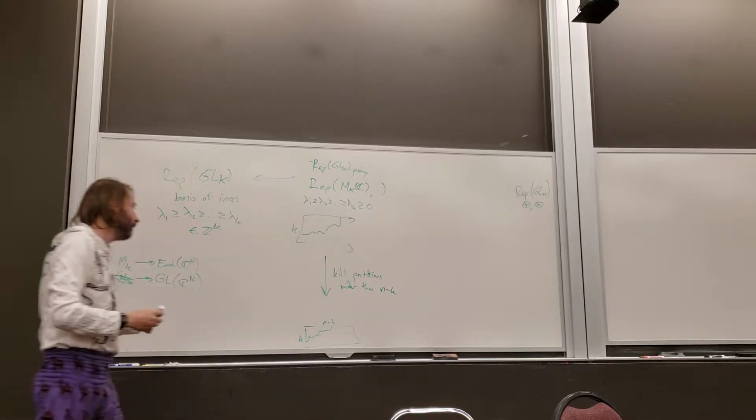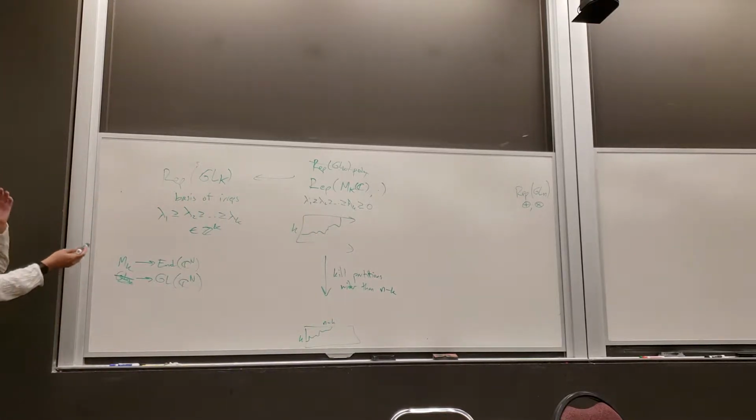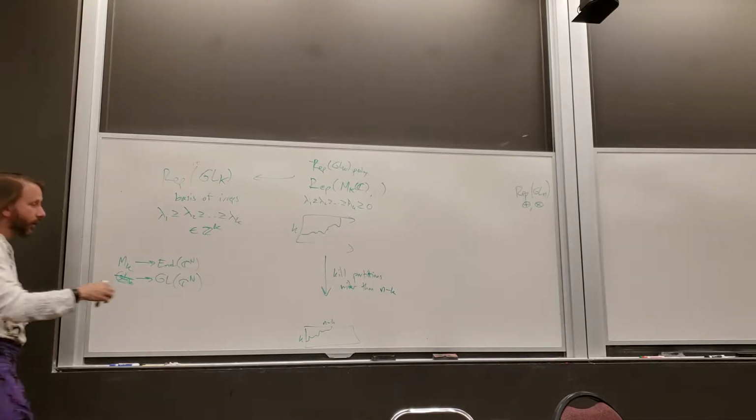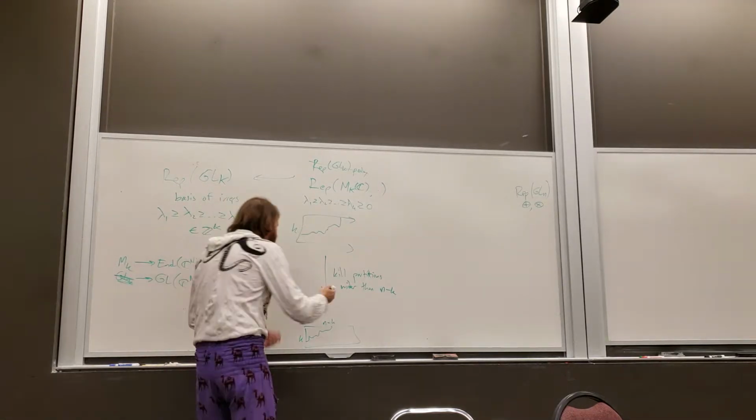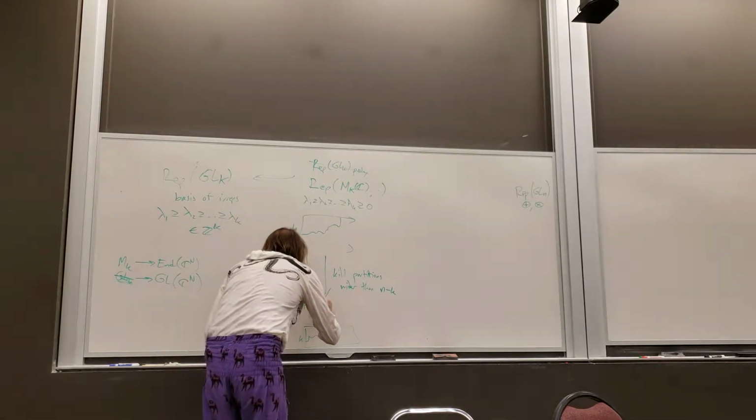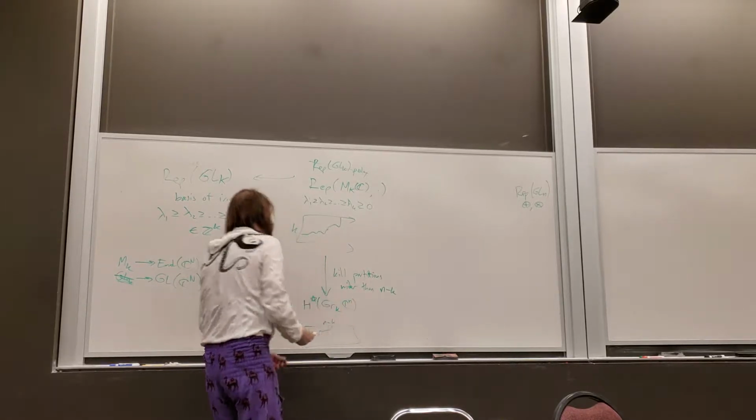It's now a finite dimensional ring, with dimension n choose K, with a basis indexed by partitions that fit inside this box. And that's going to be my picture of the cohomology of the Grassmannian of K-planes in C^n.